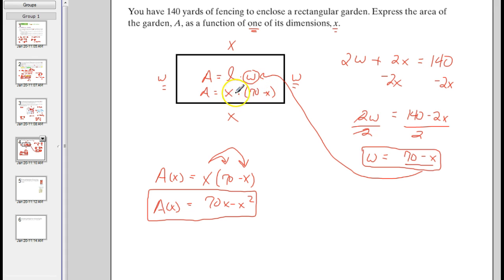And now there's only one variable in the expression, and it's the one that they want me to use. So if you're told specifically, use x, and you have another variable in the formula, get an expression that solves for the other variable, so you can plug in and only have one variable in your expression.